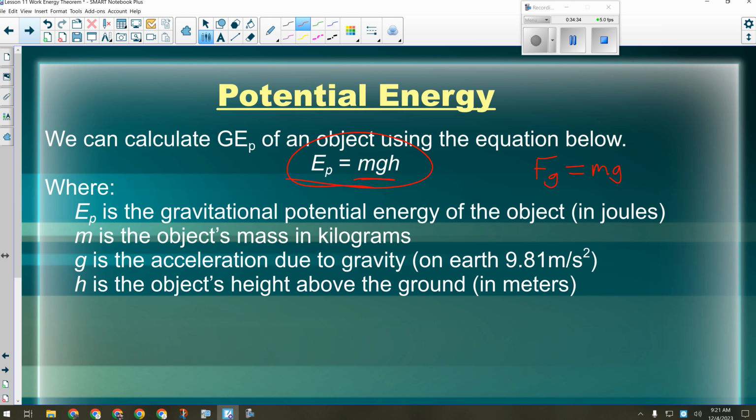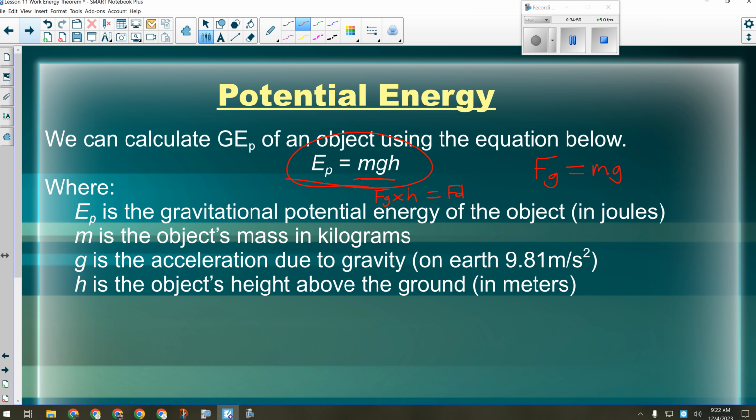So if m times g is the force of gravity, and I'm multiplying that by height, is that still this? Height's a vertical distance, right? So that formula is still force times distance. It's just the force of gravity times distance.